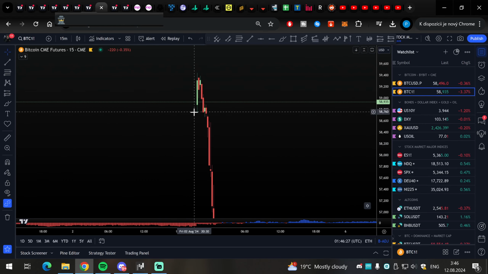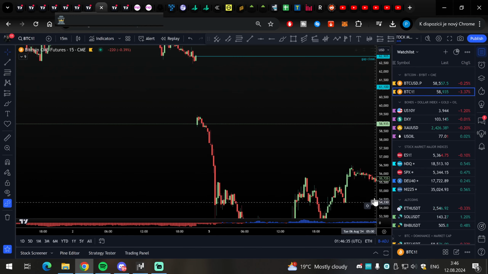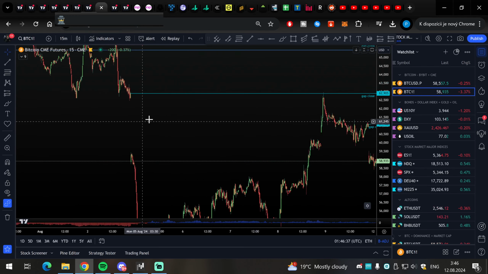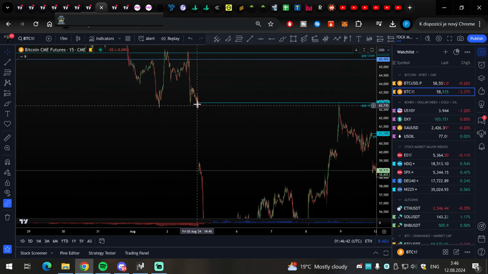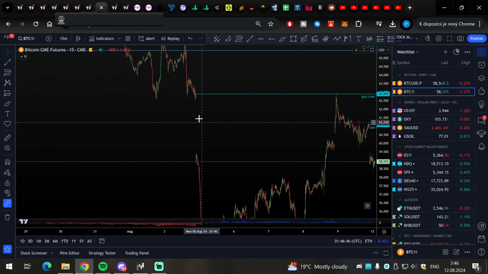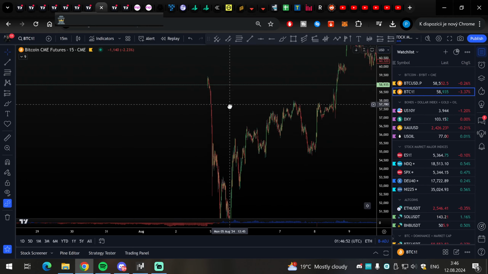This is also a bad sign: when you try to close it, but then start falling and going beyond the CME open. Okay, so we fall down. All the people who were longing on CME and other exchanges got instantly trapped. Those people outside CME had a chance to close during the weekend. That's what caused the cascades as well.